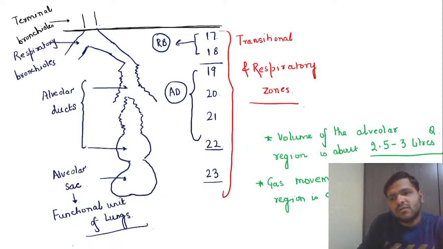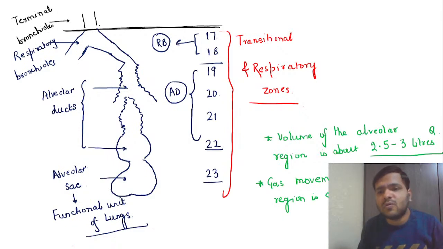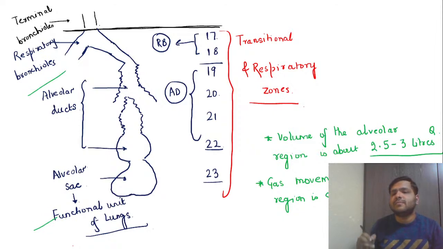Diffusion. You already know diffusion of gases is the movement of substances from a region of high concentration to a region of low concentration. All the gases which are randomly moving, it is basically due to diffusion. So the volume of the alveolar region is about 2.5 to 3 liters, and gas movement in the alveolar region takes place by which process?